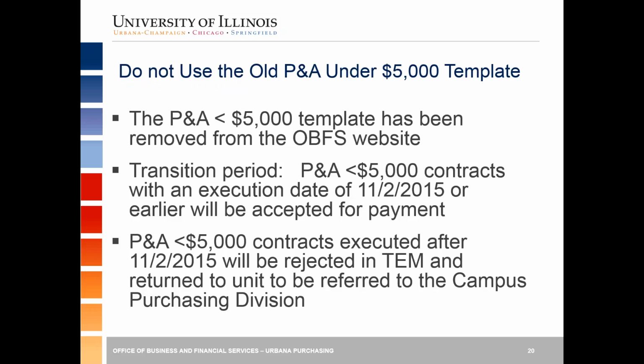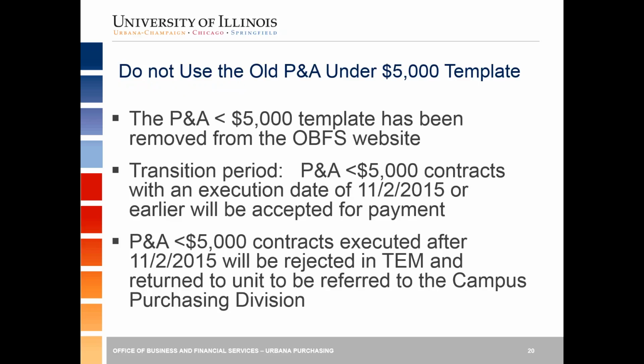New contracts should not be initiated on the old Professional and Artistic Services under 5,000 templates. Procurement Services recognizes that units may have initiated contracts on the old P&A under 5 templates prior to October 5th of 2015.